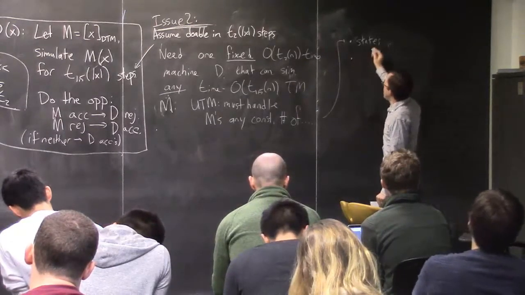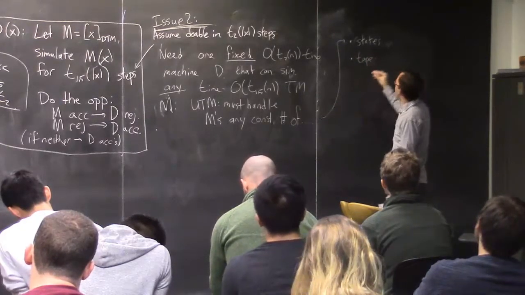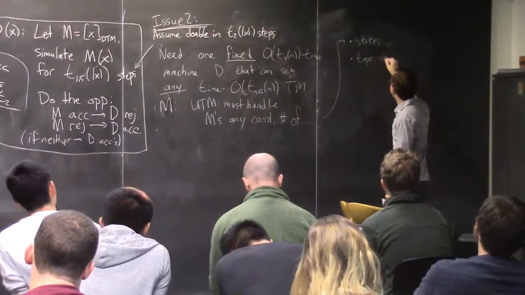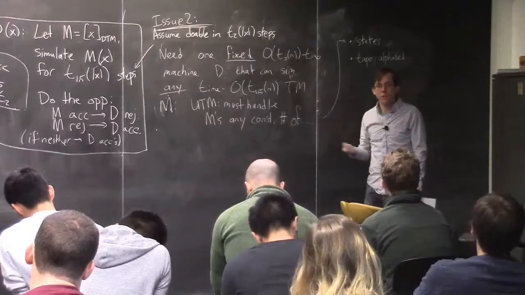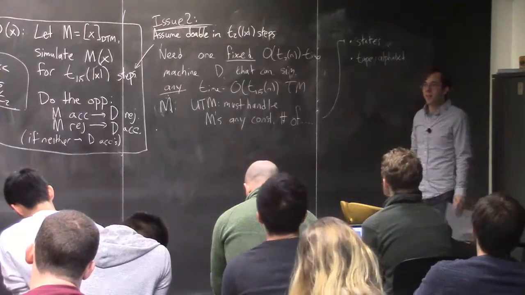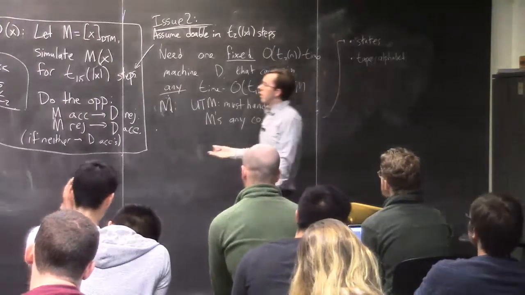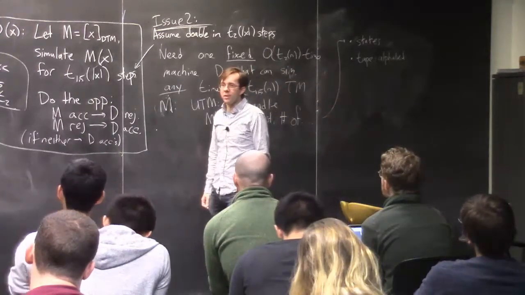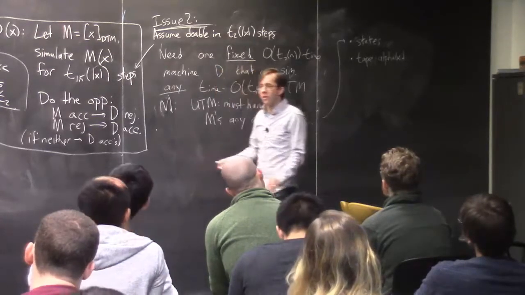It also has to handle the fact that M could have an arbitrarily large but constant size tape alphabet. So again, D has a universal Turing machine inside it with some fixed tape alphabet, maybe 10 symbols. But M is any old Turing machine, so it could be using 1,000 tape symbols. Again, that's fine. You do the obvious thing, which you've seen when you first study Turing machines.